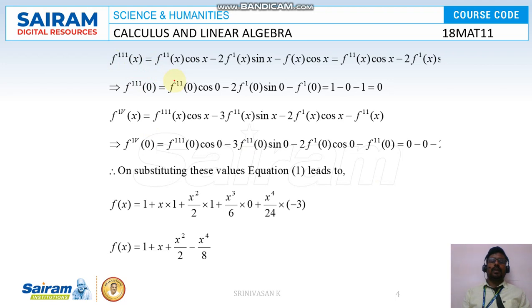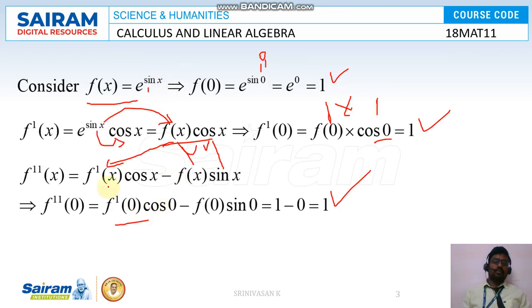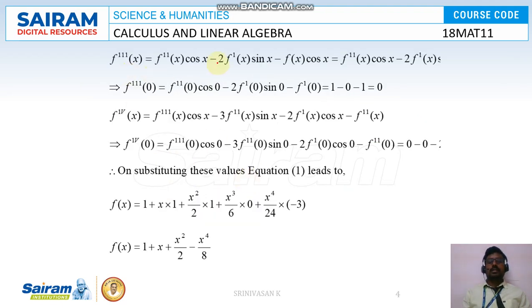Again apply the uv method for the first term and also the second term. We get f double dash of x into cos x minus 2 f dash of x into sin x. Substituting x equal to 0, we get 0.